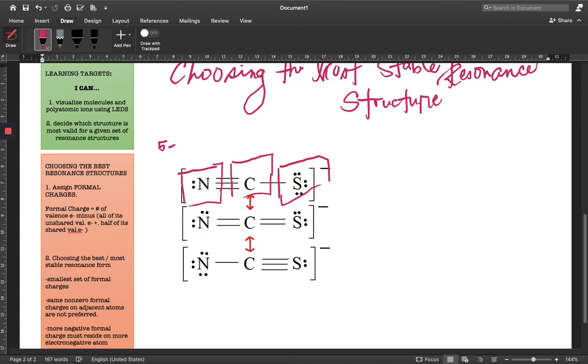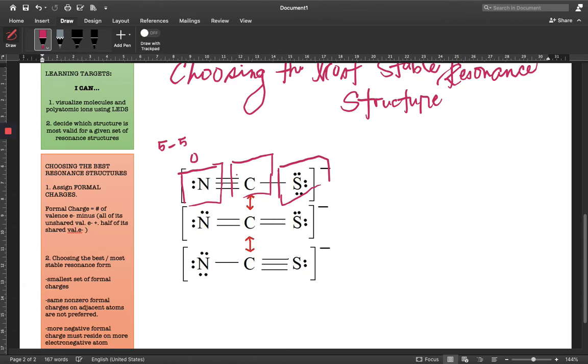So we are just basically counting how many valence electrons are present in that box that we made for that atom. Therefore, our nitrogen atom in this case has 0 as our formal charge.